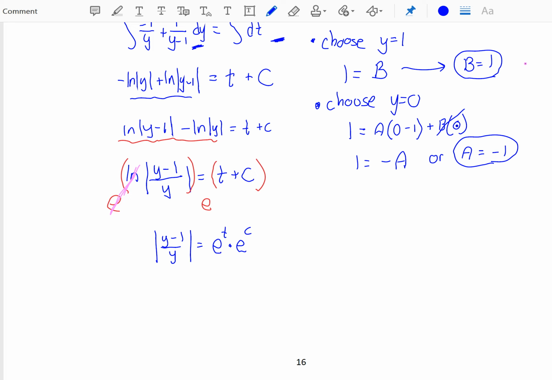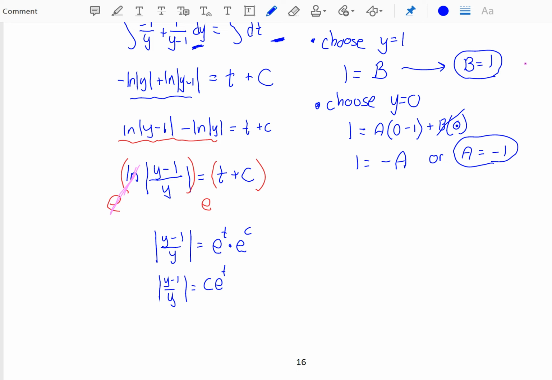And while this is correct, I would still like to write this one more way. I'd like to write it as y minus 1 over y equals c e to the t. Remember, if c is some unknown constant, e to the c is some unknown constant. Let's just call it c. One more step. In our previous example, we argued that this c could absorb the absolute values.